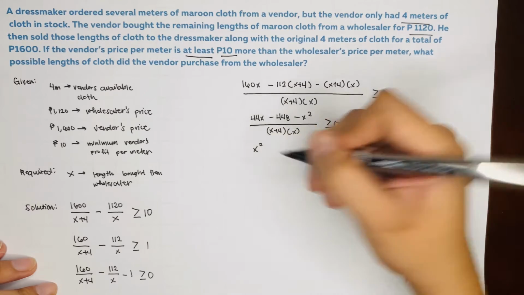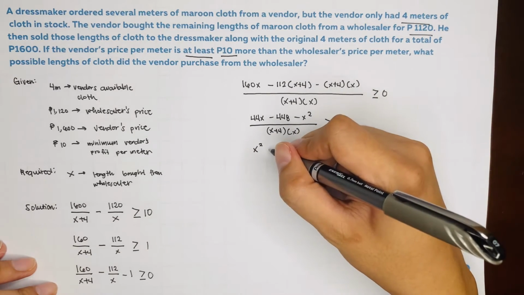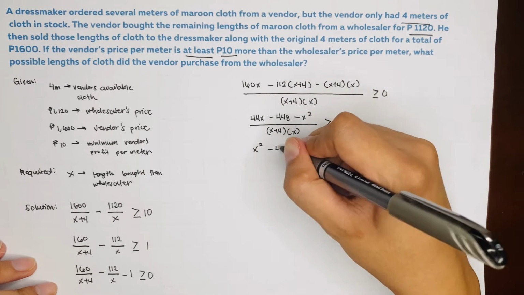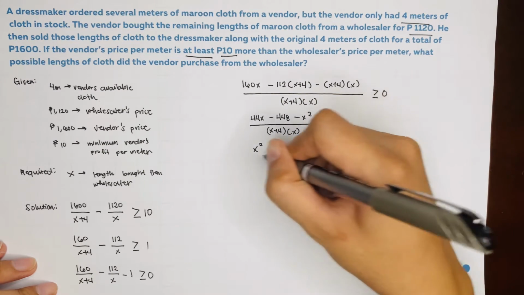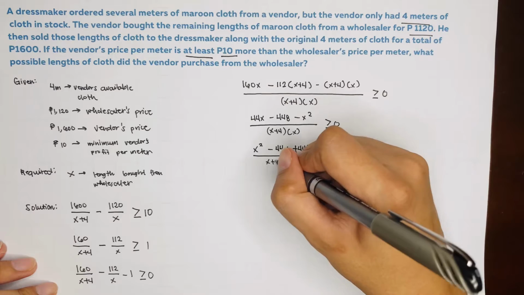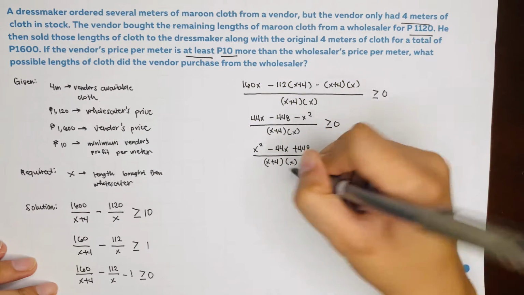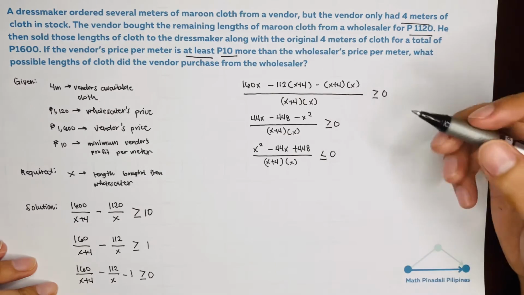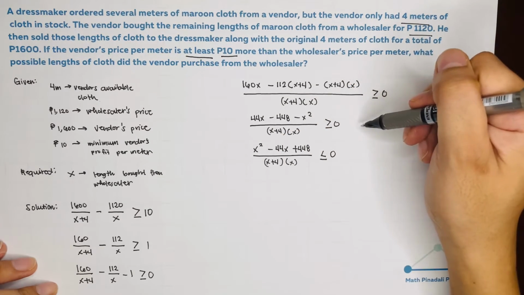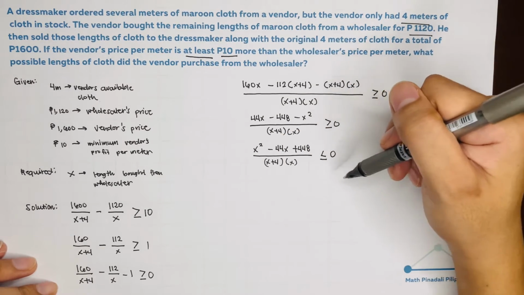We have, yung inequality, x squared minus 44x plus 448 over x plus 4 times x is less than or equal to 0. Ang reason, nag-multiply tayo ng negative 1. Kaya natin binaliktad yung sign. Okay?